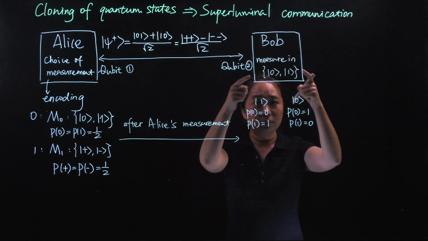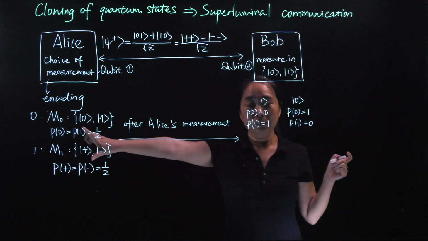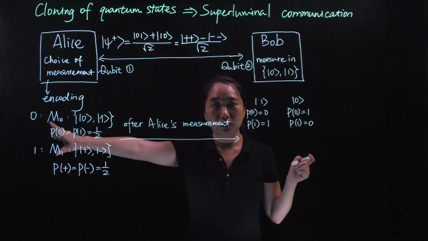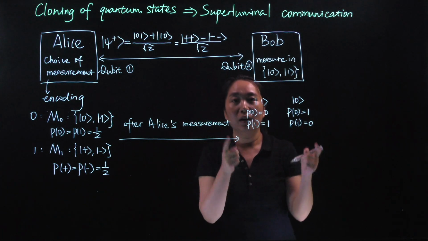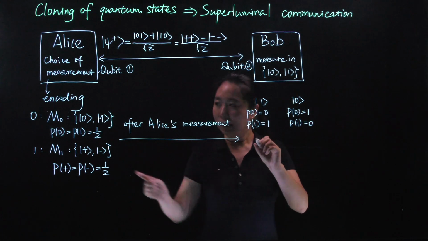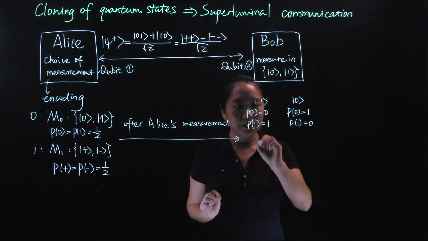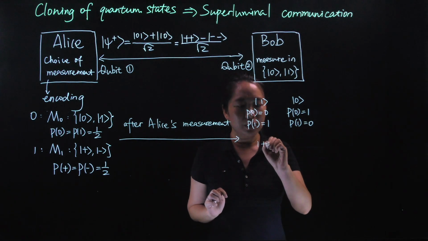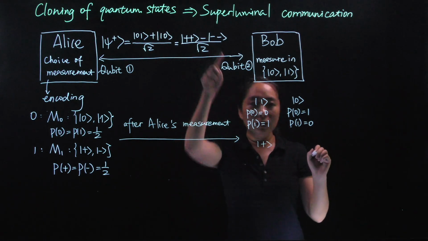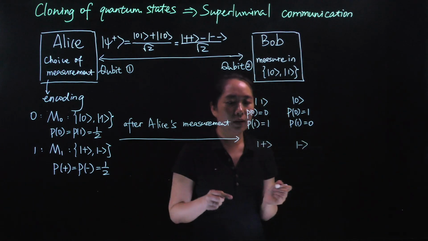So Bob's measurement basis will not depend on Alice's measurement basis, because that is the information Alice wants to send. He will just blindly always measure in the computational basis. In the first case, if Alice gets a plus, from this structure it's easy to say that Bob would also get a plus state. And similarly, if Alice gets minus, Bob would also get a minus state.